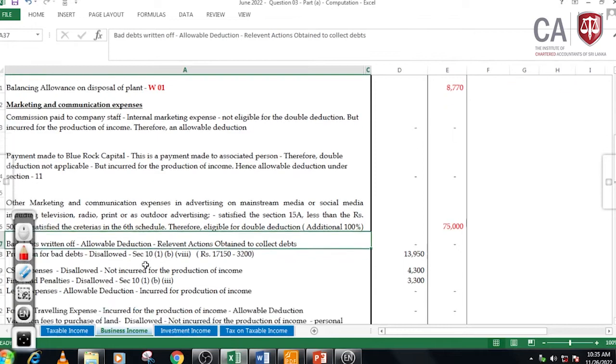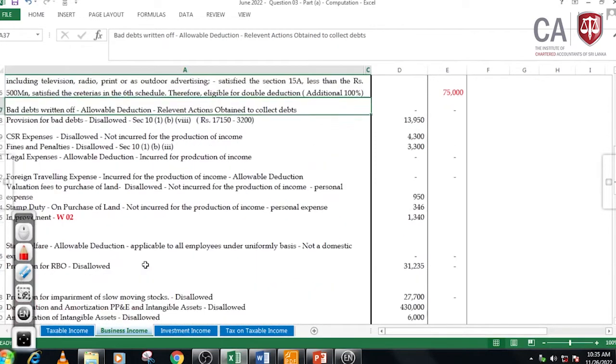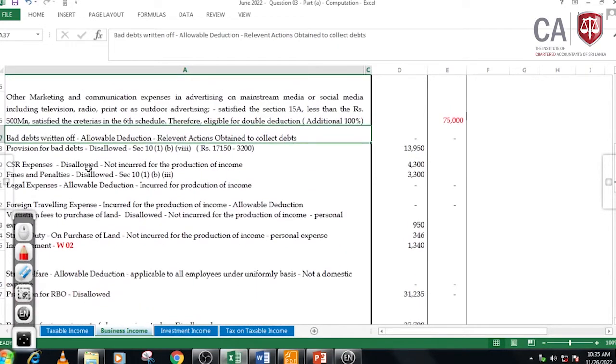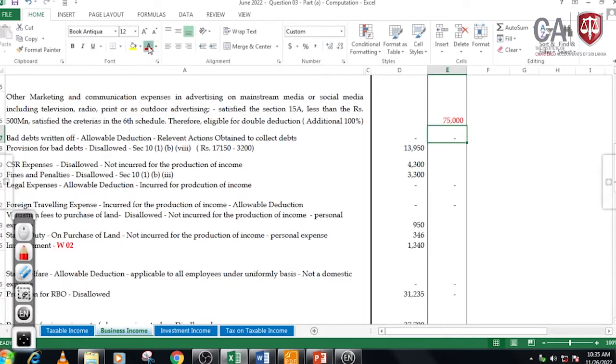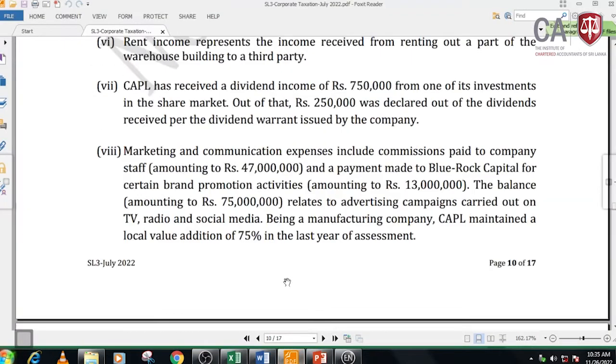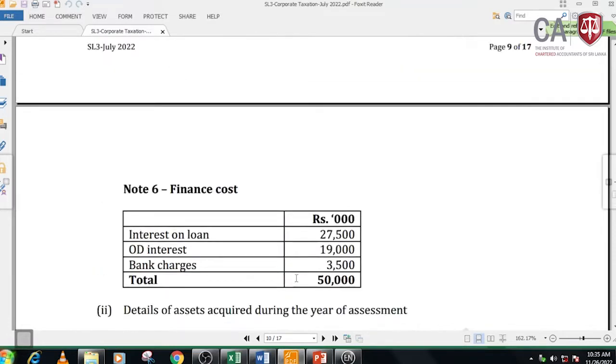Here we go. In that, the bad debt written off is an allowable deduction, as the relevant legal actions were taken. Next one, provision for bad debts, it should be disallowed under section 10 subsection 1b, that is para 8. It is what we have in the question. Now I am coming to the income statement.